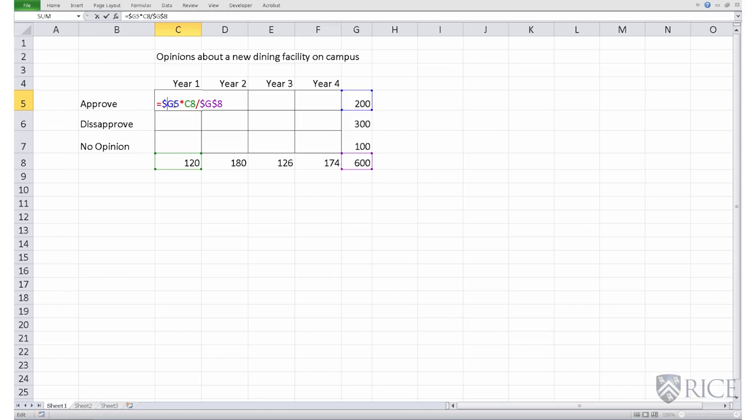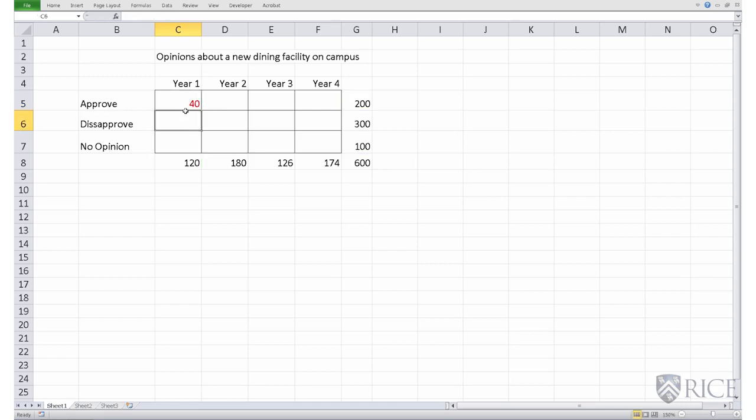So this will allow a relative referencing of the row, but a fixed referencing of the column. And by the same logic, my column total, when I copy and paste this formula, I would want to fix the row by putting a dollar sign in front of the numeral 8, while I'll allow the column to be relatively referenced. So this puts in appropriate referencing in the formula, which is now ready to be copied and pasted across the entire table.